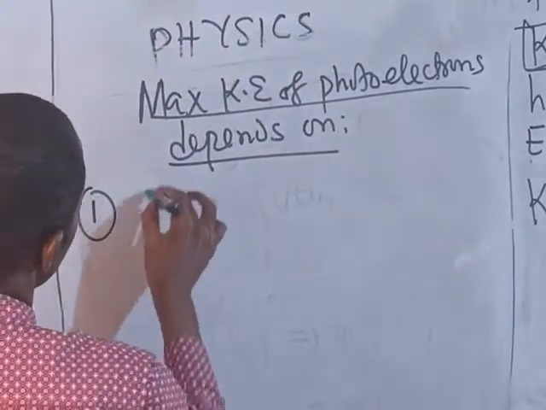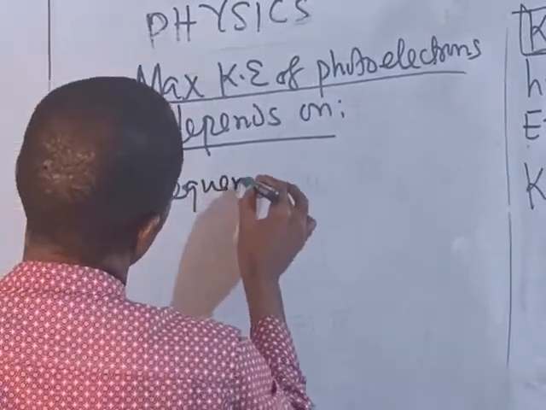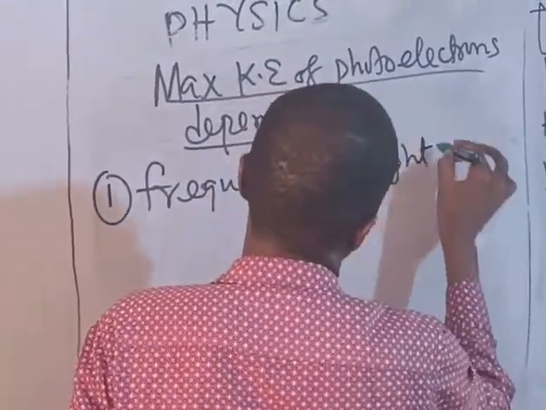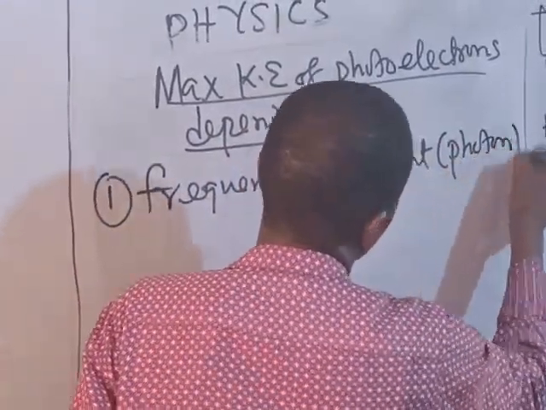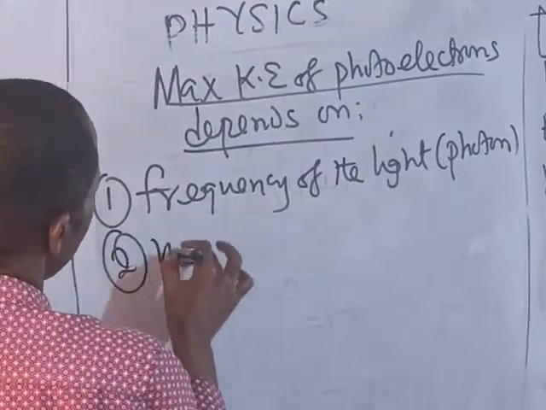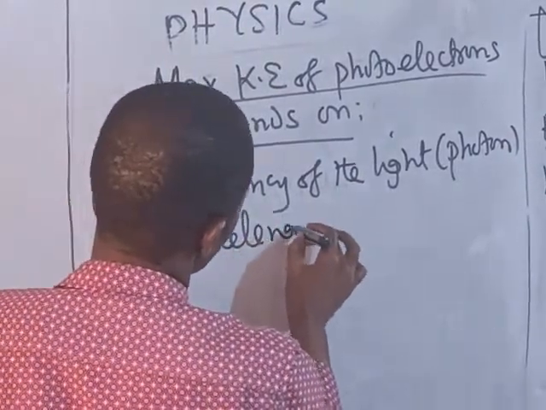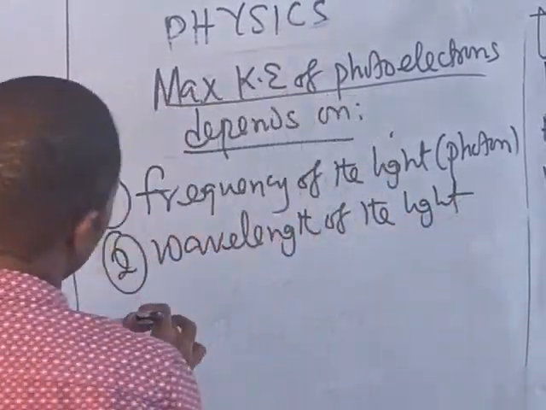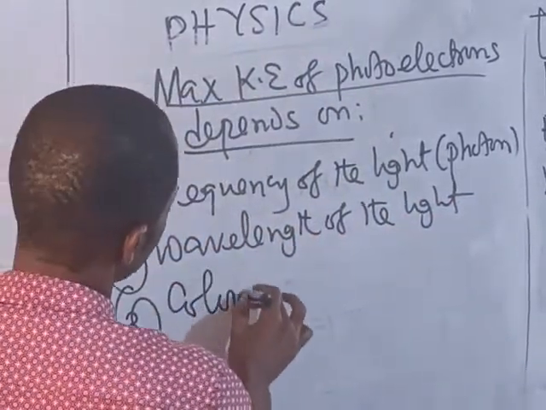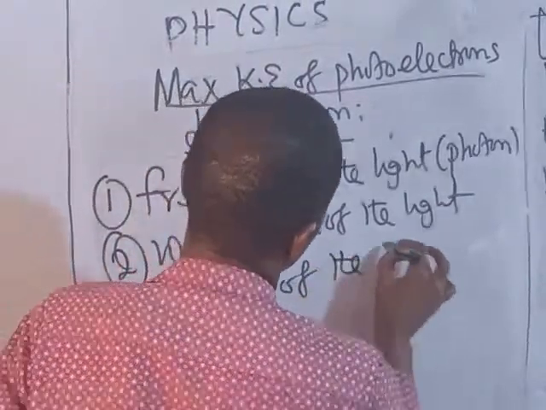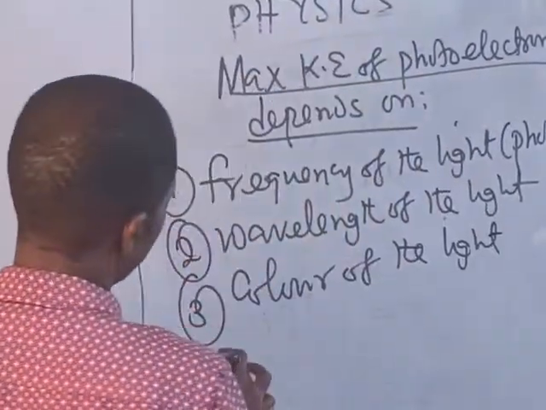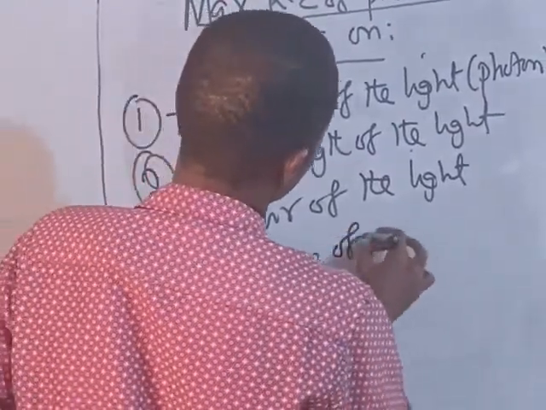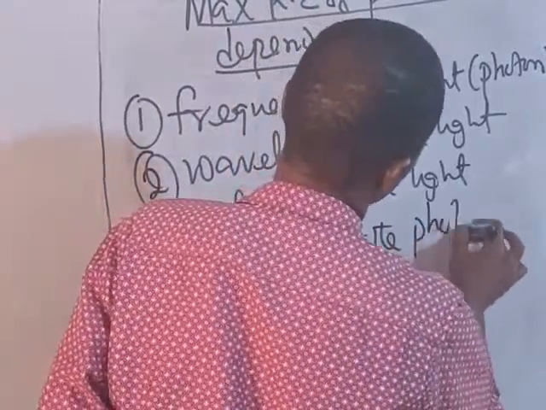Number one, it depends on the frequency of the light. At times, the light is also referred to as the what? As the photon. Not only that, it depends on the wavelength of the light. Not only that, it depends on the color of the light. And finally, number 4, it depends on the nature of the photocathode.